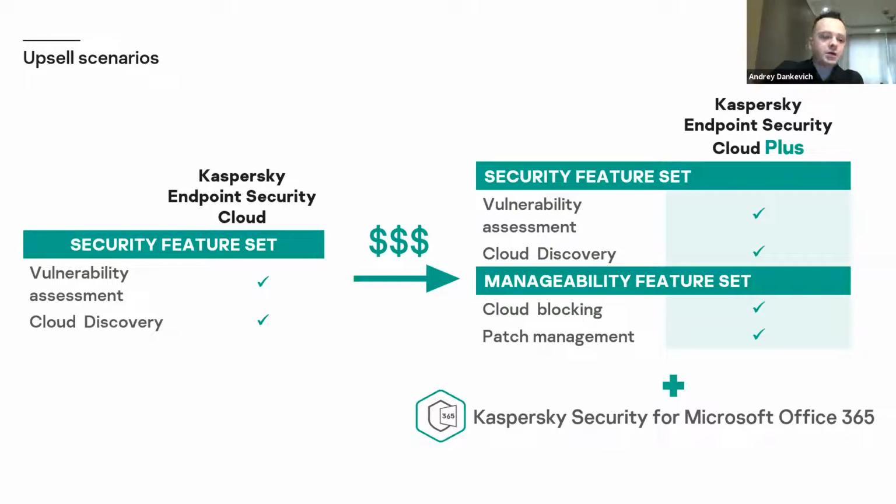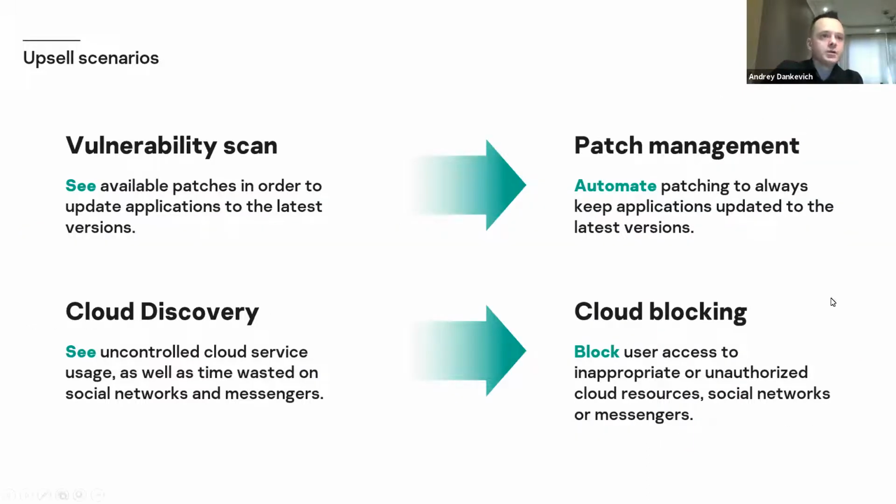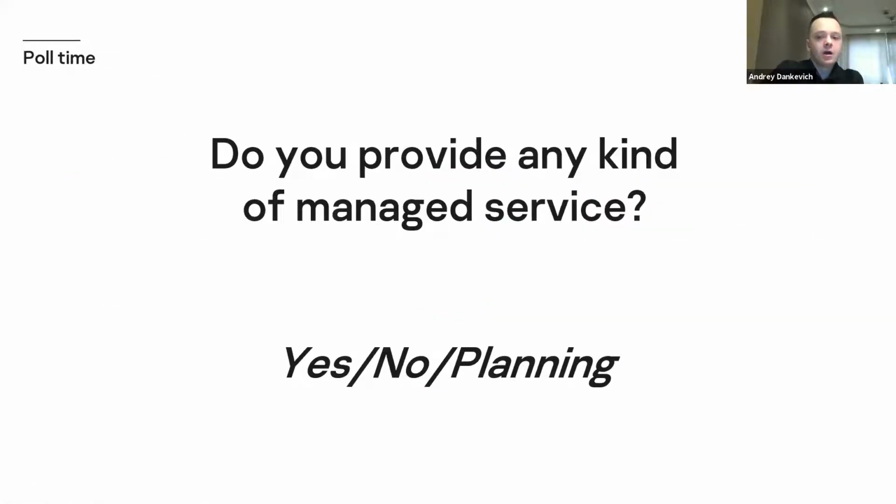And now we see around the globe that more and more customers really prefer Kaspersky Endpoint Security Cloud Plus straight with the first purchase. So we will share this presentation with you. It's just a cheat sheet and a script for you on how to upsell from the basic tier to the Plus tier.